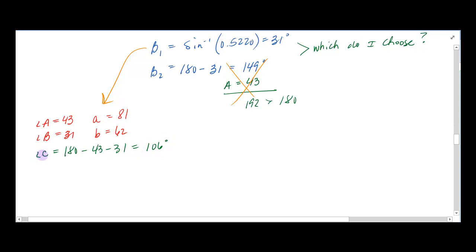Now that I know angle C, I can use the law of sines again. The law of sines says that I just need to have a side and its angle ratio. So let's just pick angle A. We'll say side A over the sine of A is equal to side C over the sine of C. Filling in A, we get 81 over the sine of 43 equals side C, because that's what I'm looking for, over the sine of 106.